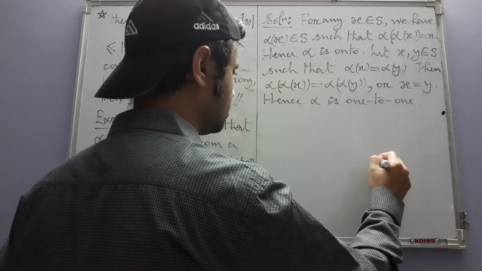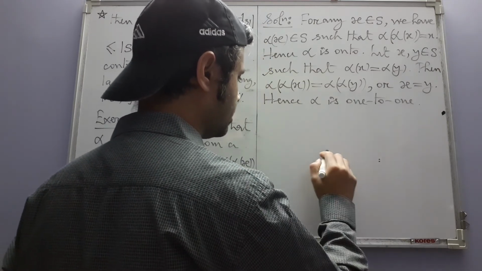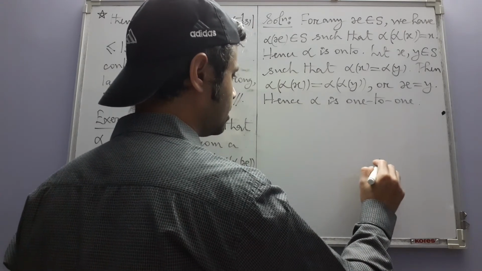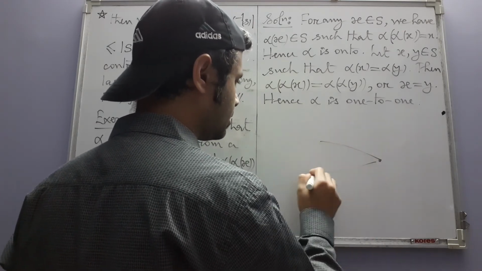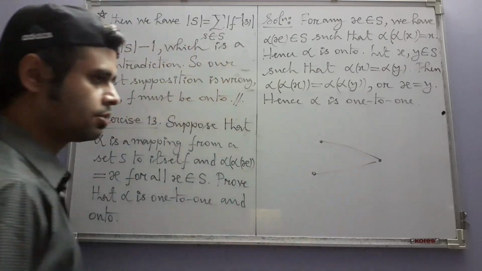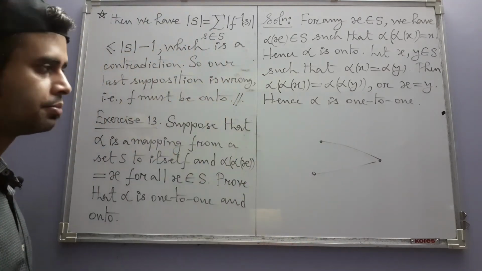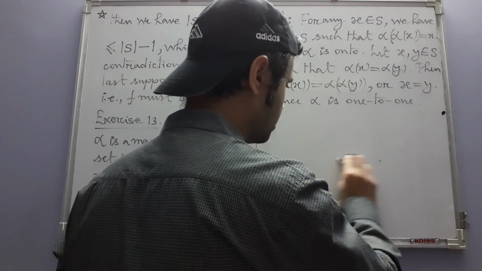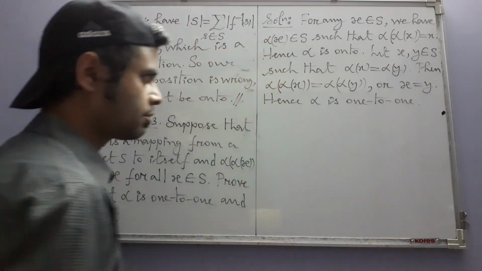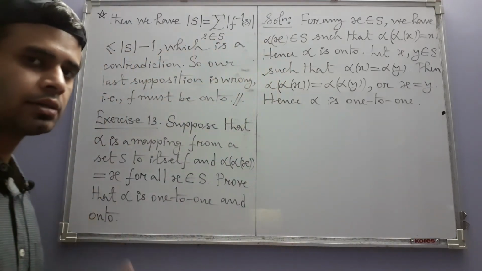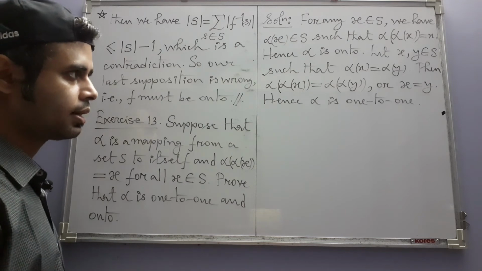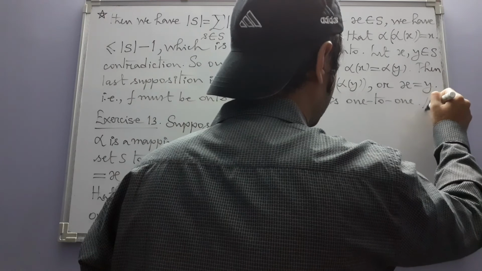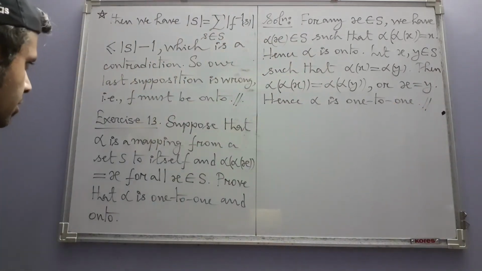That is, outputs are equal, then inputs must also be equal. If outputs are equal, there is only one output and different inputs, then the function is not 1 to 1, it's many to 1. Either you do this or you show the contrapositive. You take two different inputs and prove that the outputs are also different. So this is our solution.